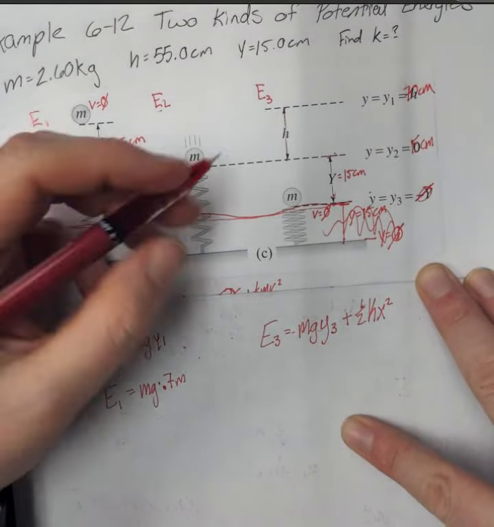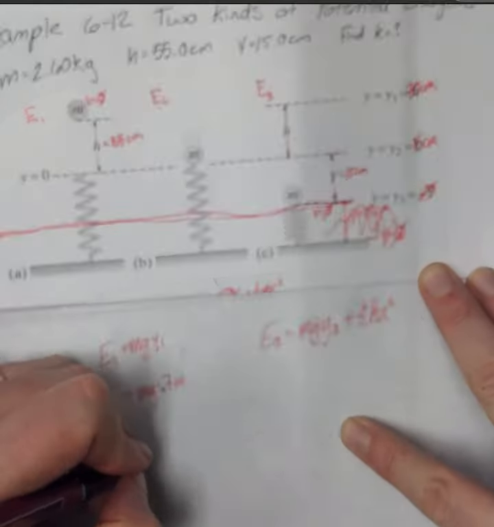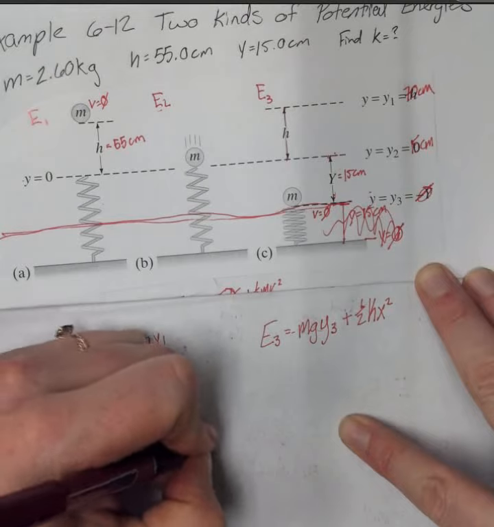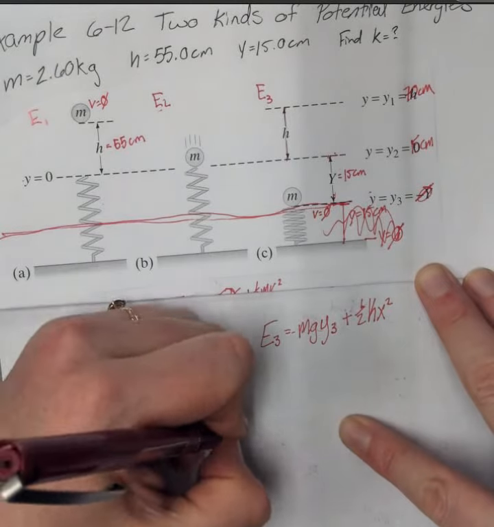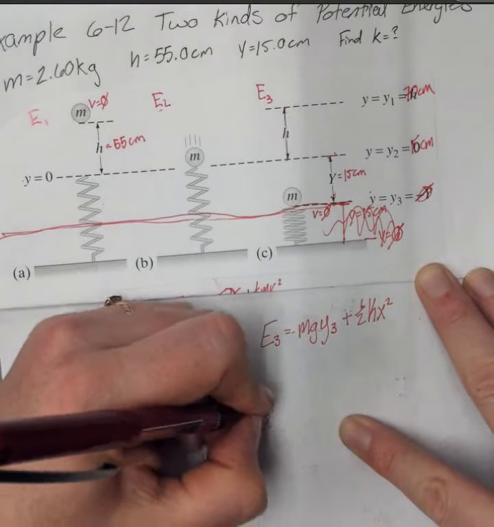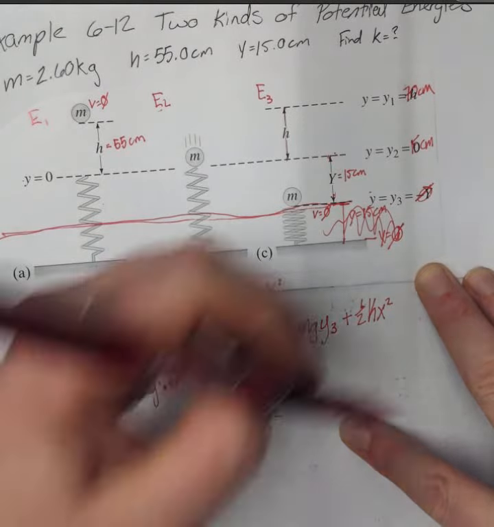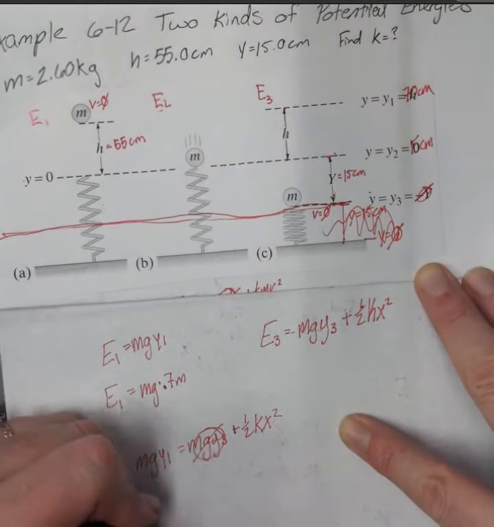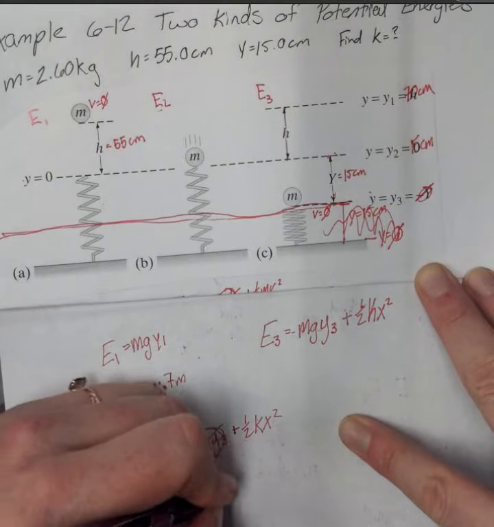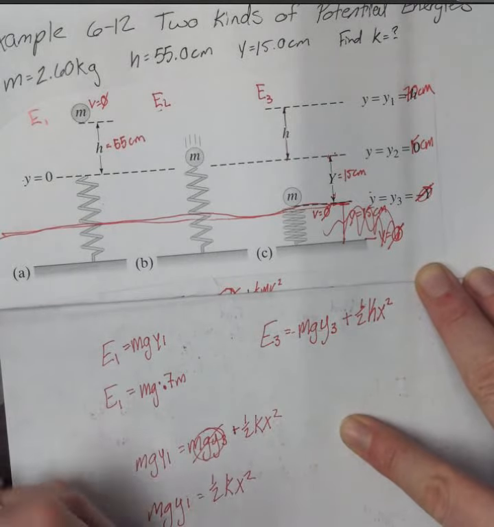So now we can plug in. mgy1 equals mgy3 plus 1/2 kx squared. Y3 is 0, so mgy1 has to equal 1/2 kx squared. And we know what x is, we know what y1 is. Let's go ahead and solve for k.